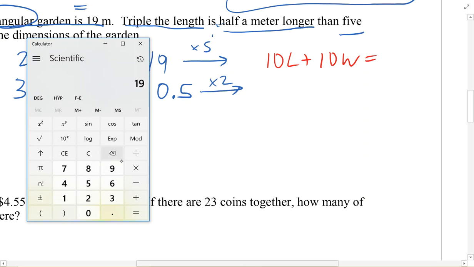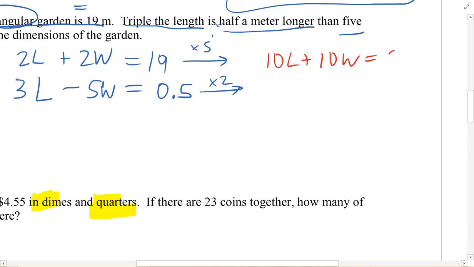Probably need your calculator to do some simple multiplying here, which is fine, right? Okay, you should be doing the math now. Solving, please. Don't be looking at me.